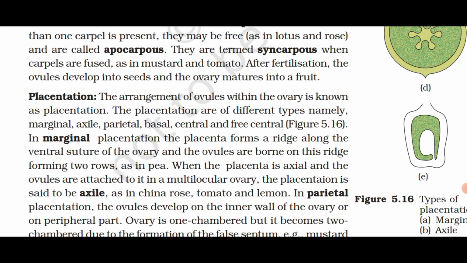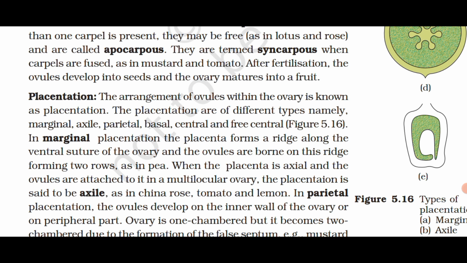Placentation. The arrangement of ovules within the ovary is known as placentation. The placentation are of different types, namely marginal, axial, parietal, basal, central, and free central.